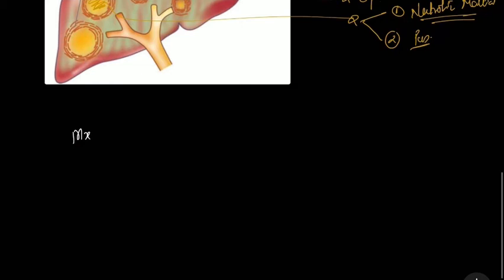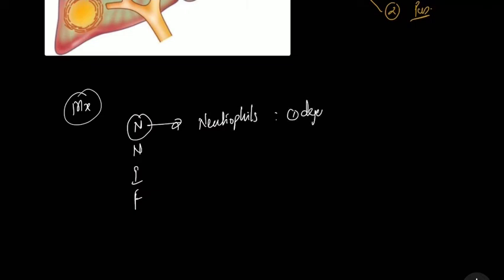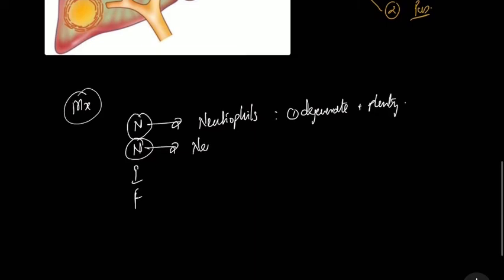Coming to the microscopic features of liver abscesses, there's another mnemonic for this. You can remember it as NNIF. So here N stands for neutrophils. The neutrophils are degenerated and plenty. All right. The second N, necrosis of the parenchyma.